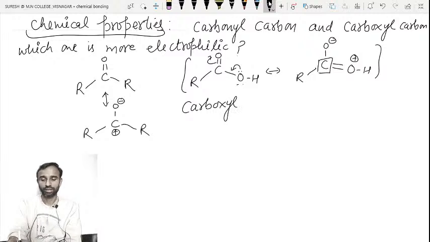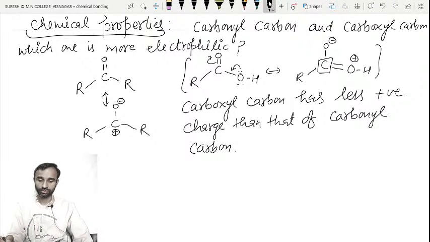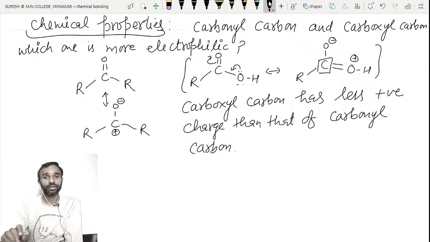So carboxyl carbon has less positive charge than that of carbonyl carbon, right?